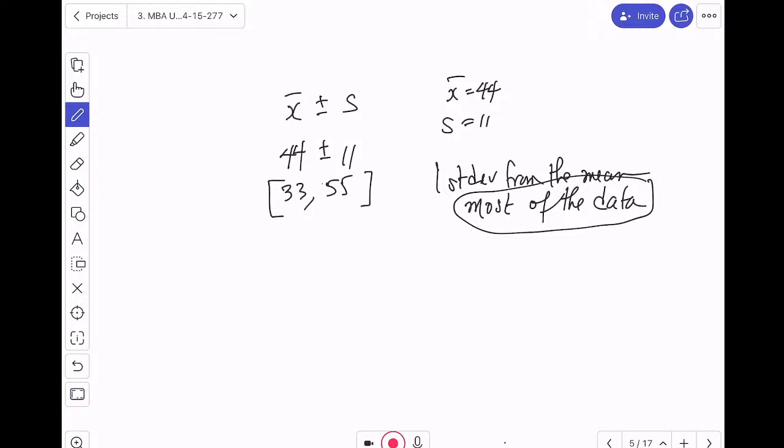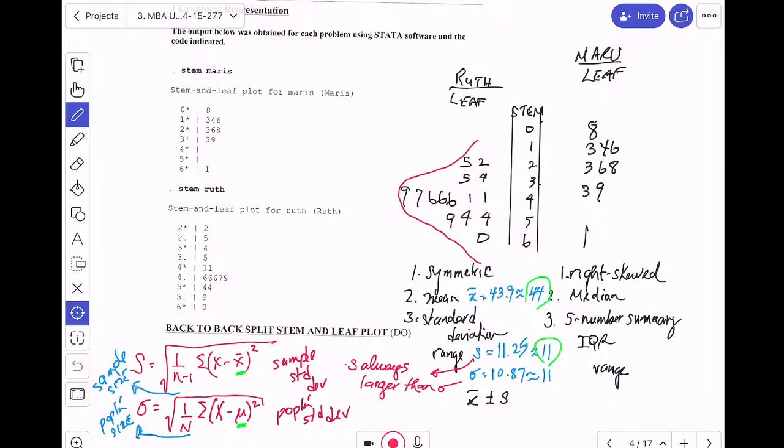Between 33 and 55, how many observations? 1, 2, 3, 4, 5, 6, 7, 8, 9, 10, that's 11.